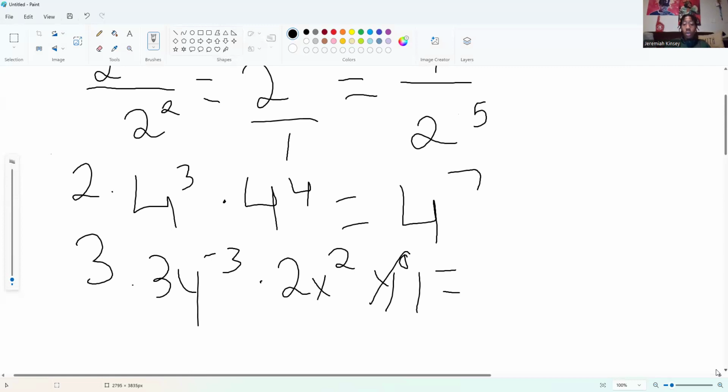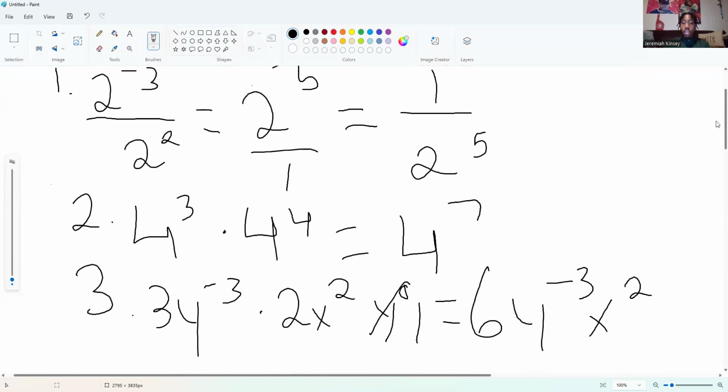Next, all we have to do is combine like terms. 3 times 2, 6. Is there a y on the other side? No, because we got rid of it. So we keep the y to the negative 3, and then keep the x squared. Now, what is wrong with this? Scroll back up, it says only positive exponents.